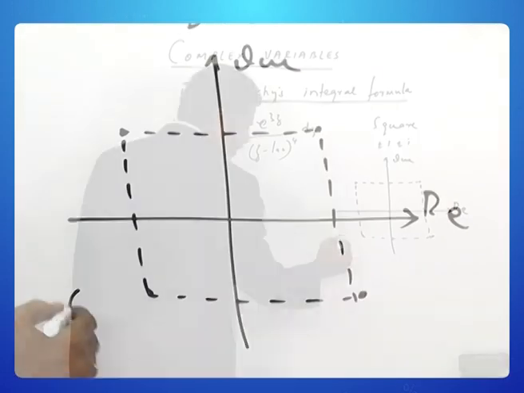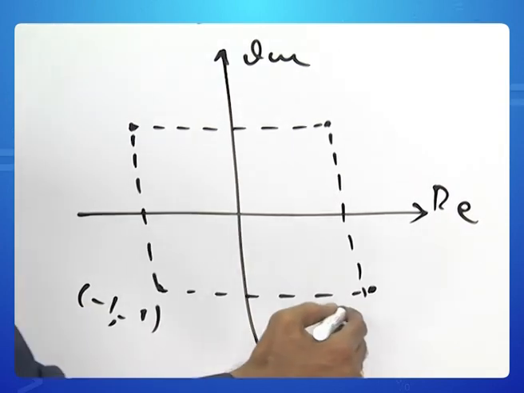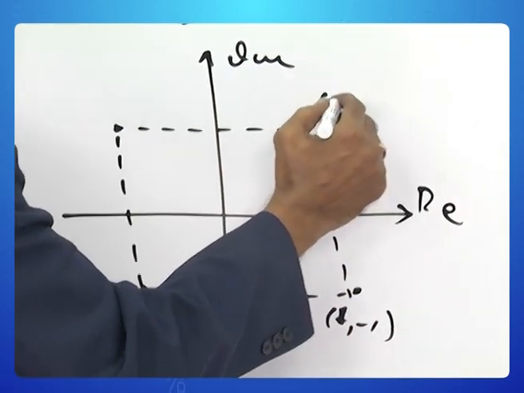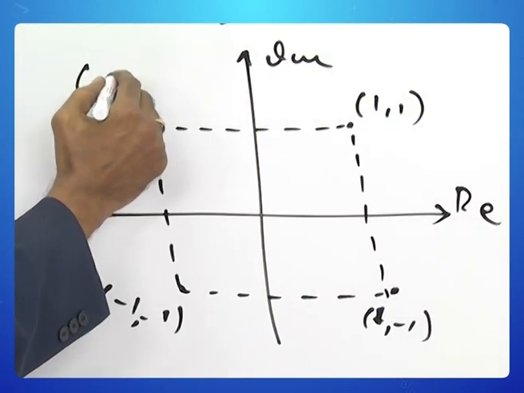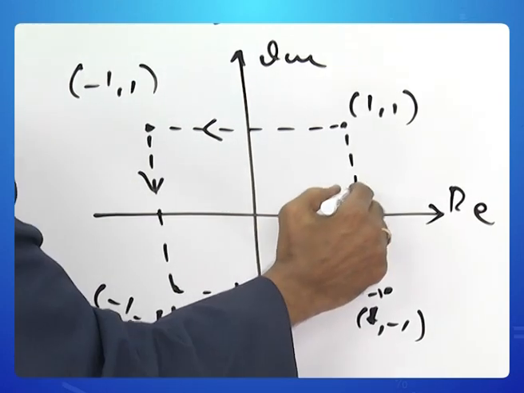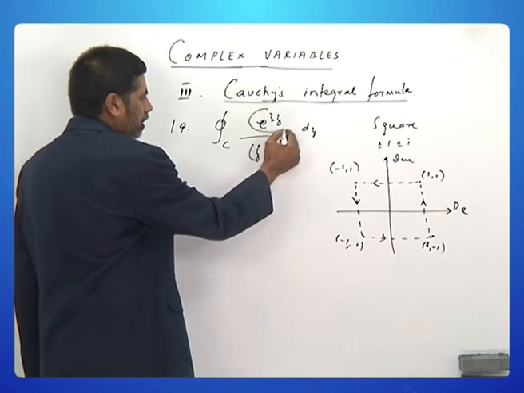So these are the corner points of the square. Let us take this numerator as f of z.